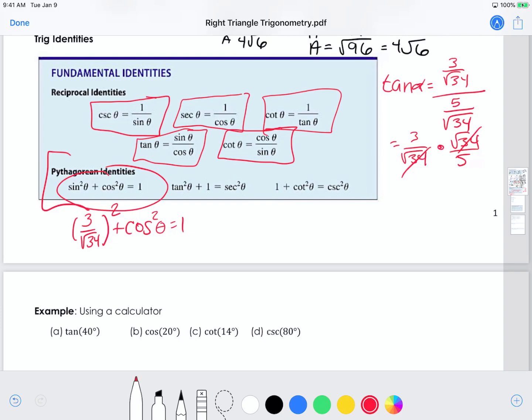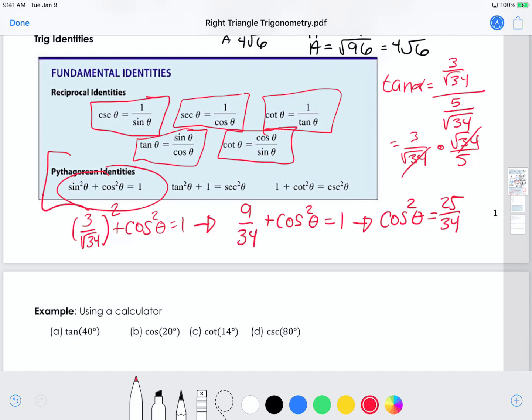I square 3 over the square root of 34, which gives me 9 over 34, plus cosine squared is equal to 1. I subtract 9 over 34 from both sides. I take that 1 and make it 34 over 34 so I have a common denominator, and then subtract 9 over 34, which gives cosine squared theta equal to 25 over 34.